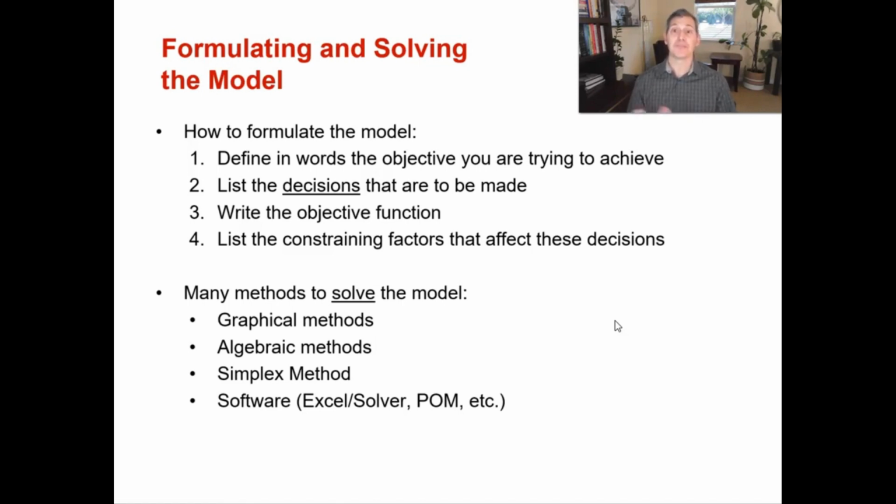I would have taken out the inefficient graphical methods that you have to do by hand and guess at, and I would have only showed the algebraic method, because for the graphical methods and the algebraic methods, you can only do that when you've got 2 decision variables. So you might as well calculate it out and go straight to the answer. Figure out what my answer is using the algebraic method. If you've got more than 2 decision variables, then go straight to the simplex method in Microsoft Excel or use Palm.